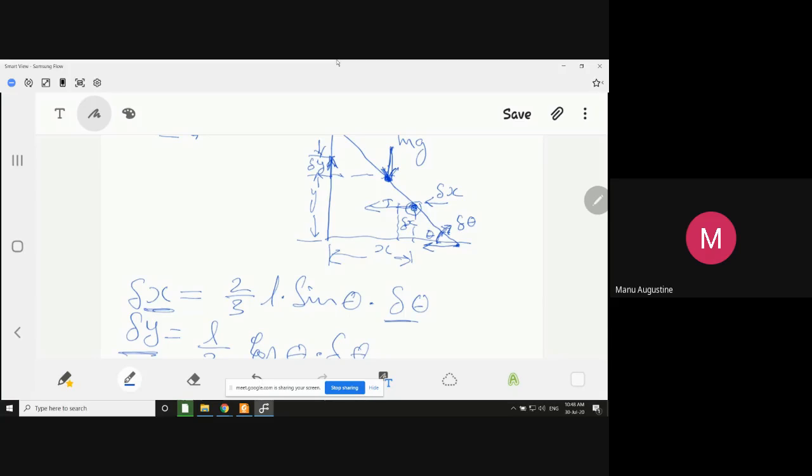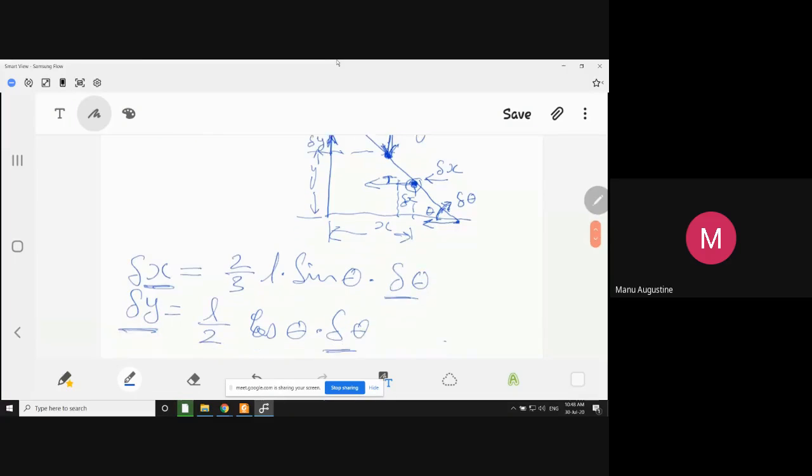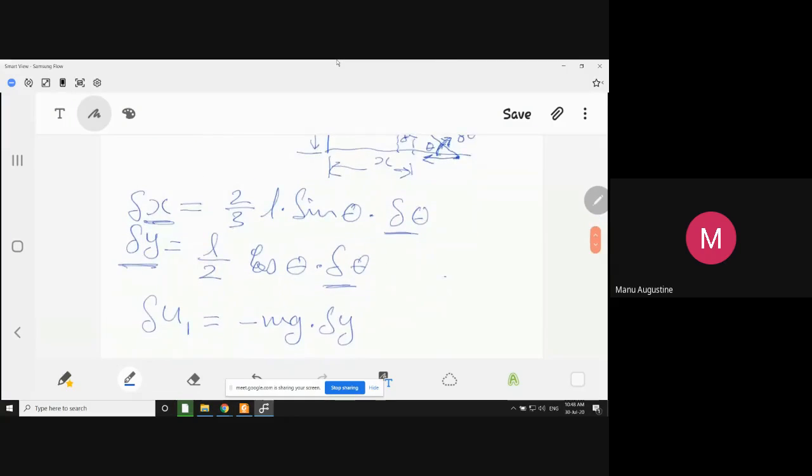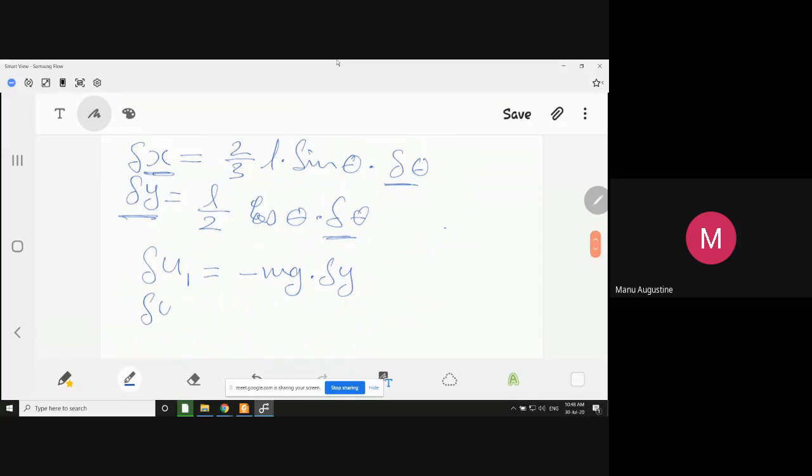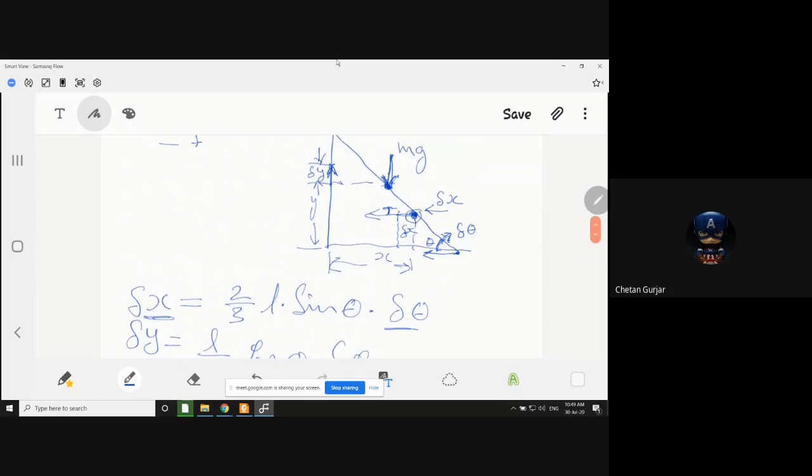Now see, what is the force that is being moved by delta x? It is T. T is also towards the left. Delta x is also towards the left. So the virtual work done by the force T, let us call it delta U2, will be T into delta x. Should I place a plus sign or minus sign for T delta x? Plus.